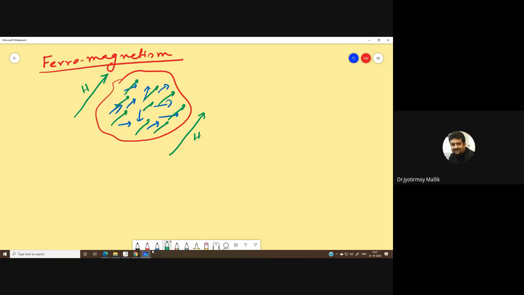It will create very high magnetization in this particular material. So if I make the same plot, M versus H, I find positive K and high K, because most of the magnetic moments are getting aligned with respect to H.